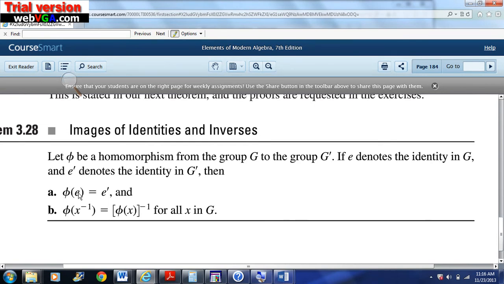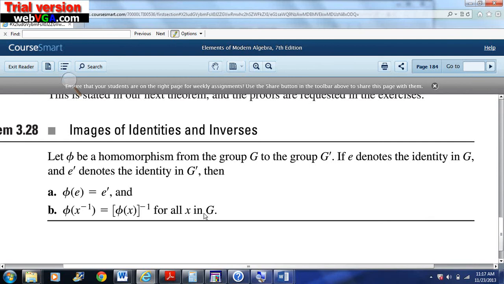And when you phi the identity in the group that you're mapping from, you get the identity in the group that you're mapping to. And when you phi the inverse of any element in the group that you're mapping from, you get the same thing that you would get if you were to phi the element, and then after phiing the element, take the inverse. You would get the exact same thing.